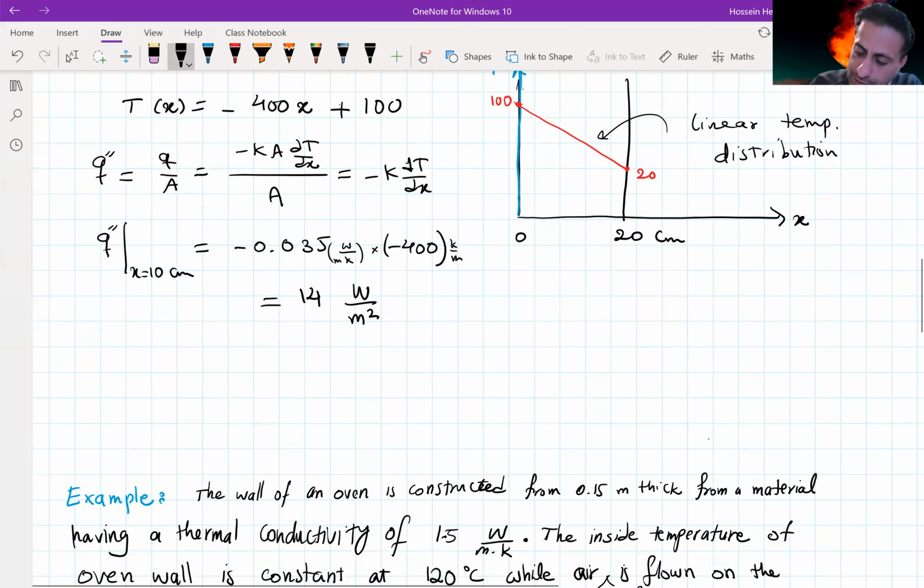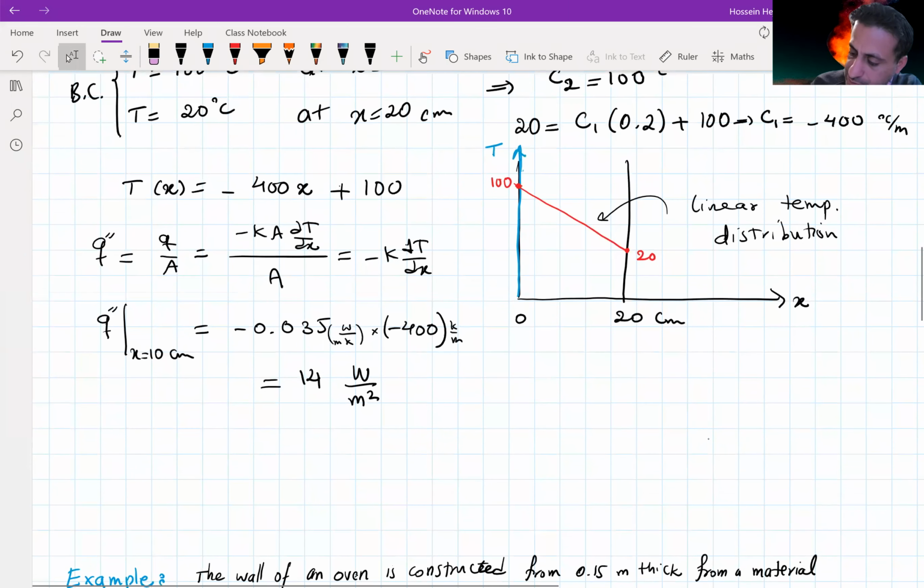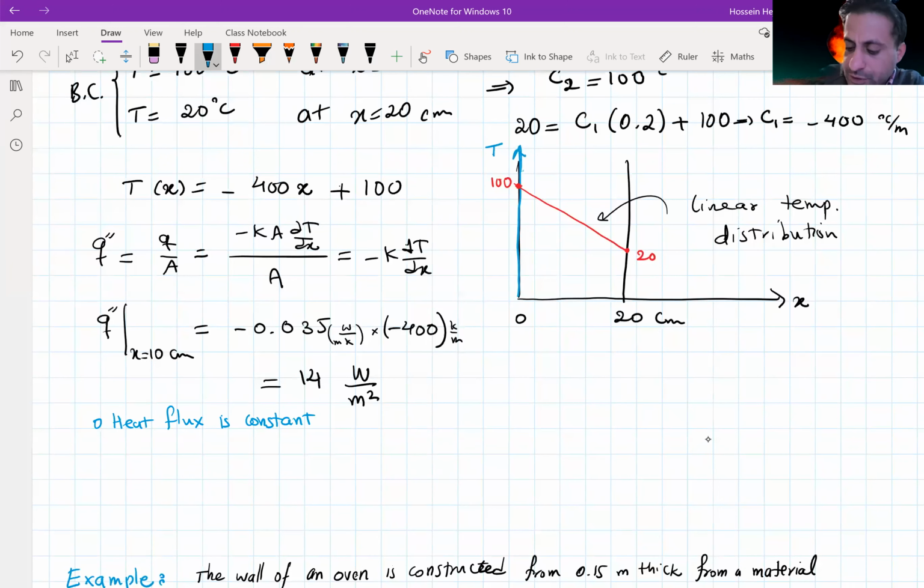And there are a few things that I'm going to list here before going to the second problem. One of them is that heat flux is constant. It doesn't really depend on where we are measuring. At any x location, the heat flux going per unit area is going to be constant for this problem.